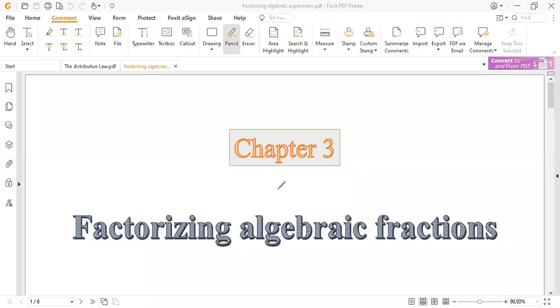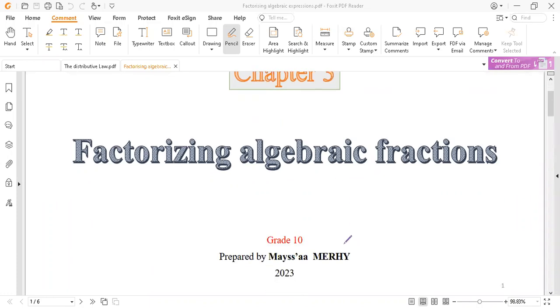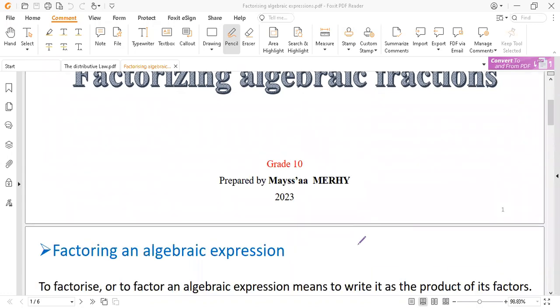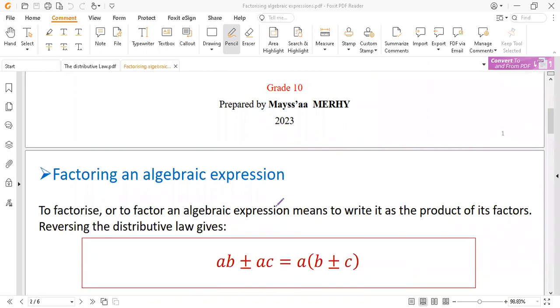Hi again. Today we'll start with factorizing algebraic fractions, how we factor an algebraic fraction. First of all, we should know that factoring an algebraic expression is a reversing process.